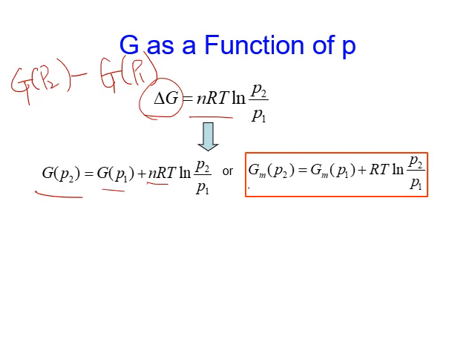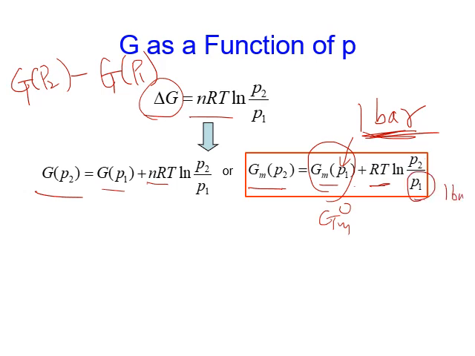The molar Gibbs energy at P2 is the molar Gibbs energy at P1 plus RT ln P2 over P1. If we assume P1 is 1 bar, then the Gibbs energy at 1 bar is the standard state molar Gibbs energy. The equation becomes the standard state Gibbs energy plus RT ln P2 over 1 bar, because in this equation we only have one variable, P2.